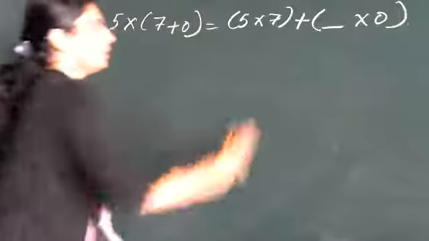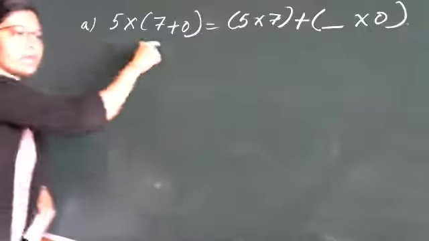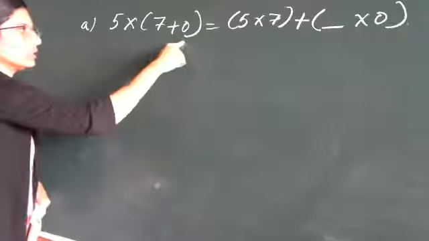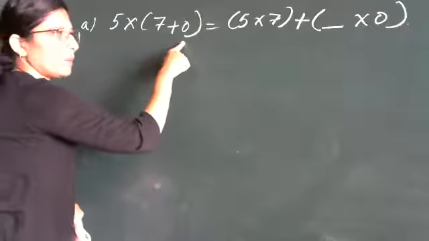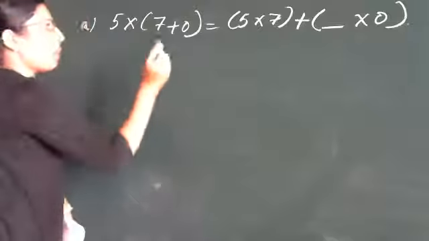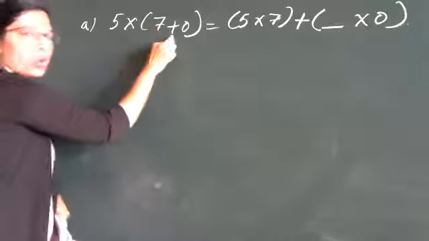What will come here? Which property is used? Tell me first here. Can you tell me which property? Yes, distributive property of multiplication over addition.